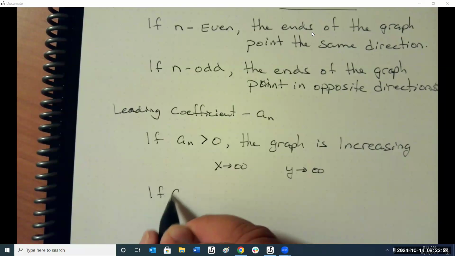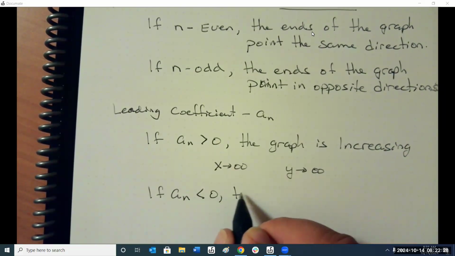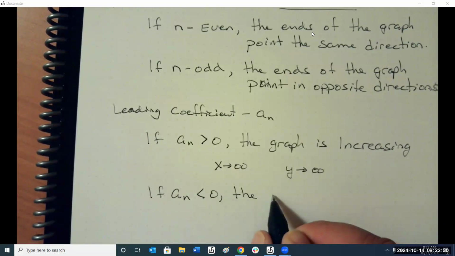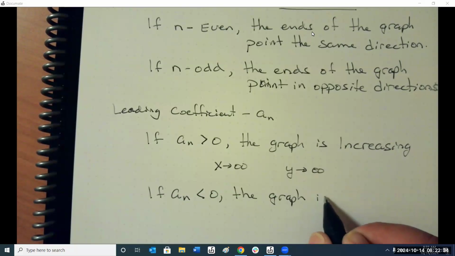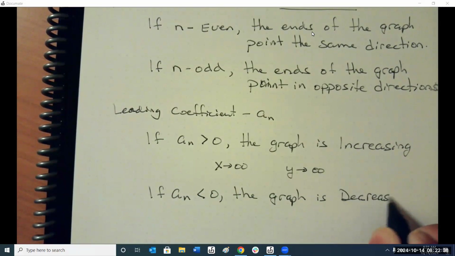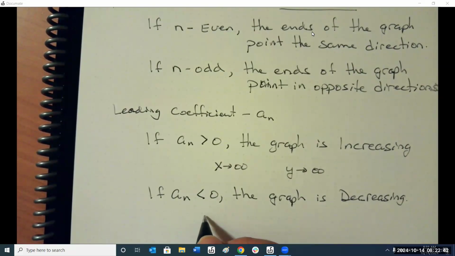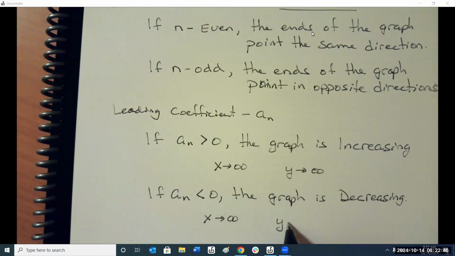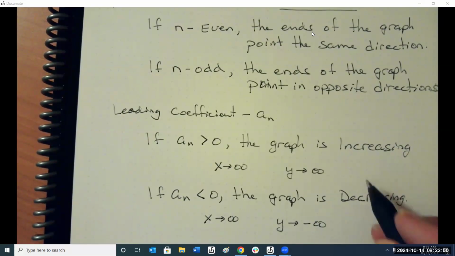If the leading coefficient is negative, the graph is decreasing, which means that as x goes to positive infinity, y goes down to negative infinity.